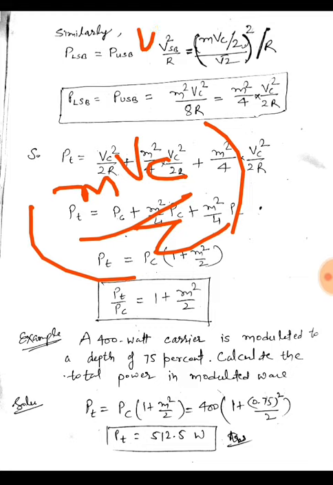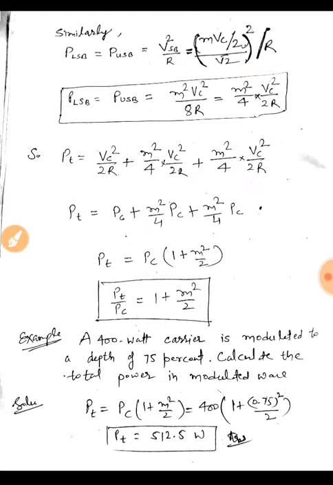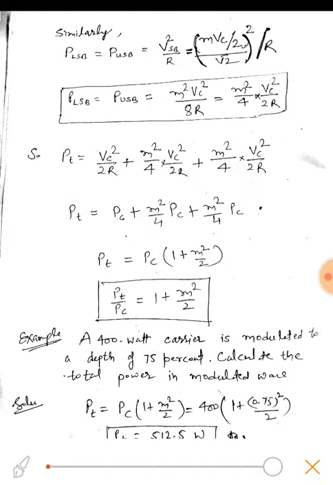So Vsb square by R would become (mVc by 2 divided by root 2) whole square by R, where R is the antenna resistance. It comes out to be m square Vc square divided by 8R, or m square by 4 into Vc square by 2R.